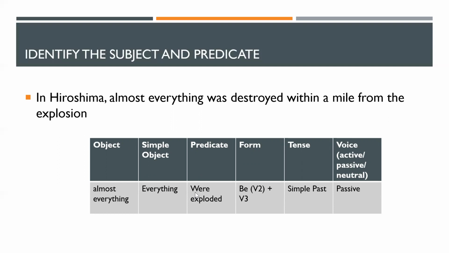The next one is the predicate, was destroyed, so we have be in the form of verb 2 plus verb 3. Because we have be in the form of verb 2 at the beginning of the predicate, the tense is simple past. And because we have be plus verb 3 here, it will be passive.